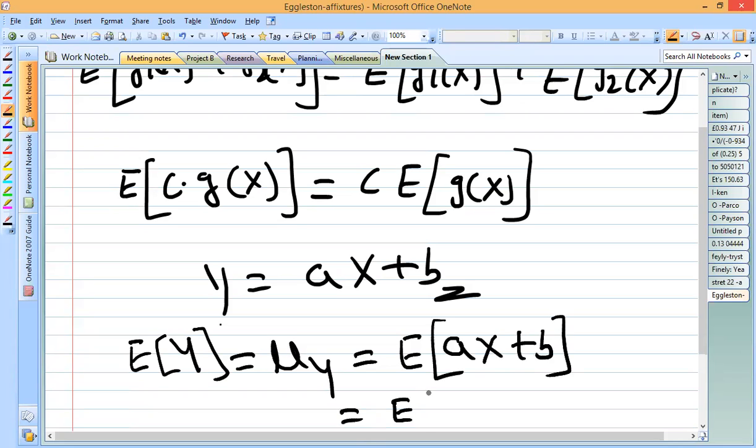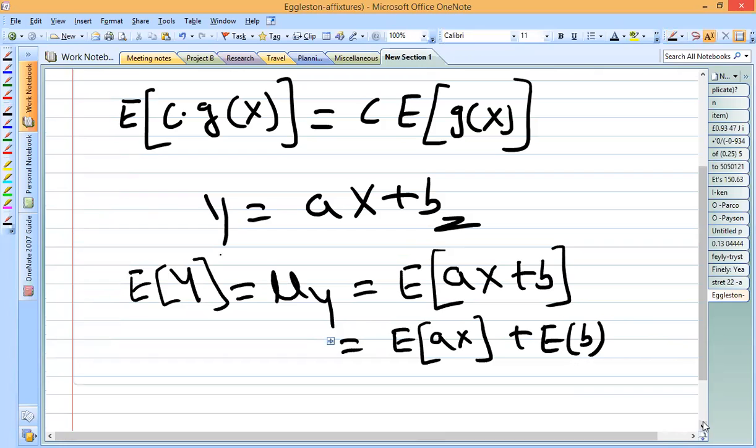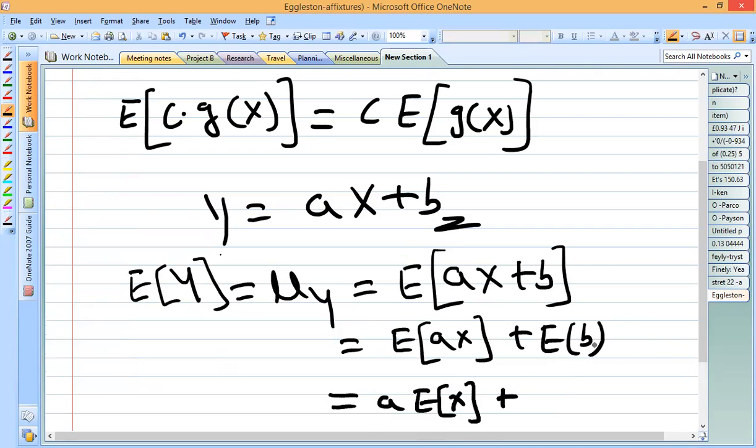So your expectation of ax plus expectation of b. Here see, a is a constant, b is also a constant. So here you can rewrite this as a into expectation of x plus b. Expectation of a constant is nothing but the constant itself. That also we have seen in the properties.